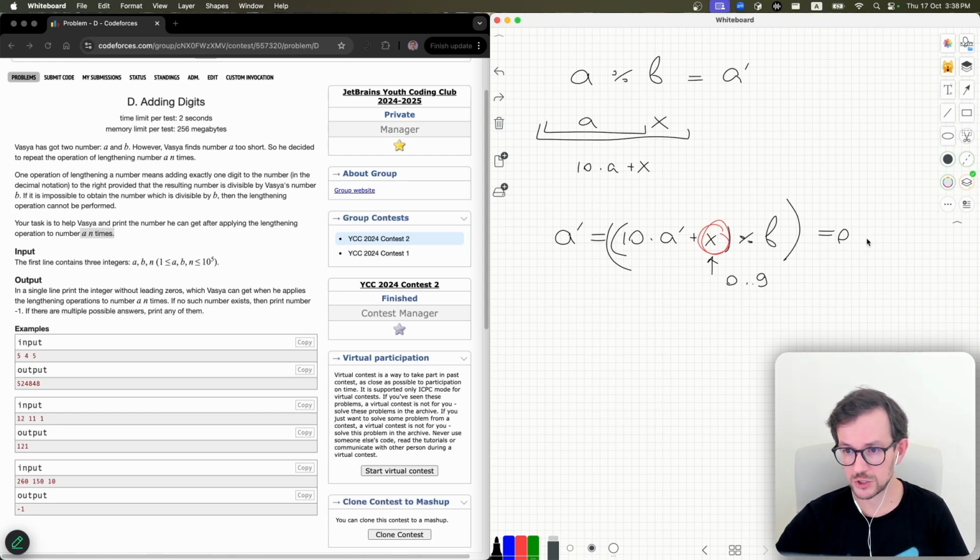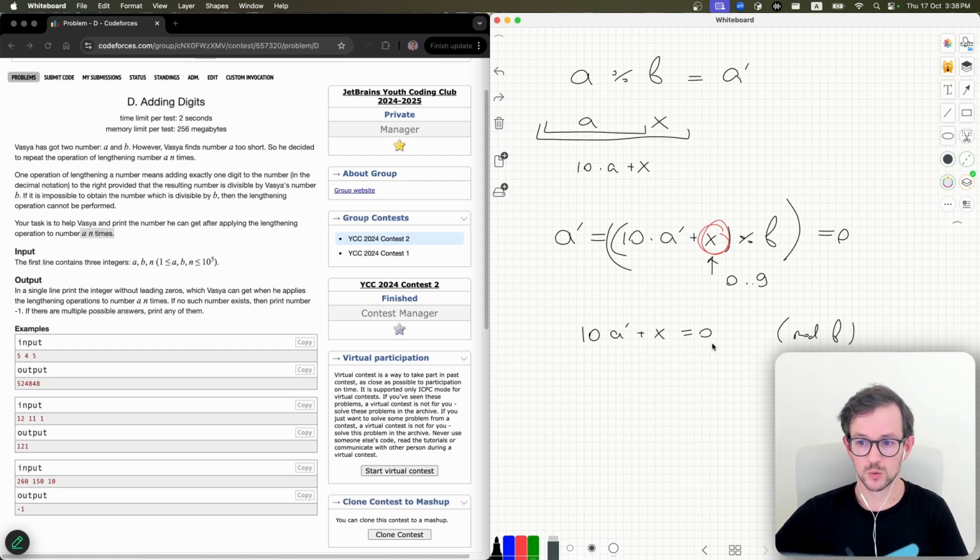Another way is to actually look at this number. I want this to be 0. So I want 10a plus x equal to 0, everything modulo b. So you can, like you do in normal arithmetic, move this part to the right and say that x equals minus 10a.